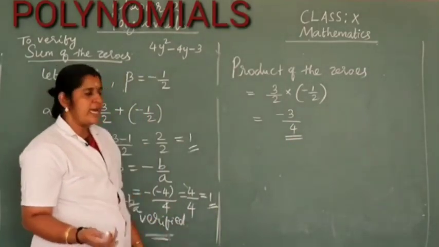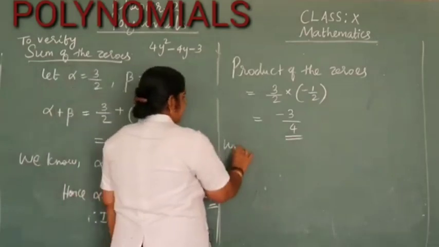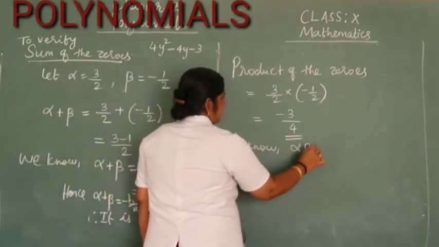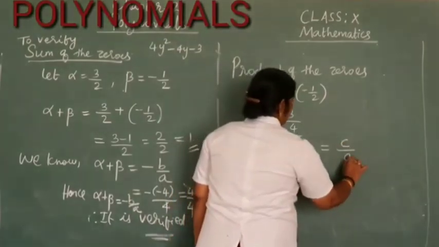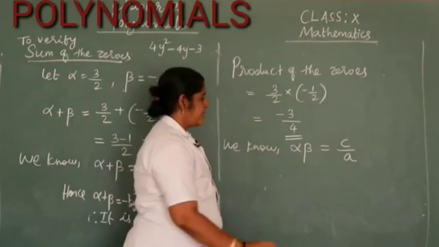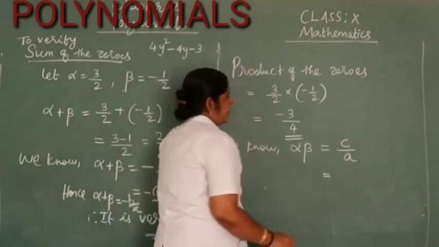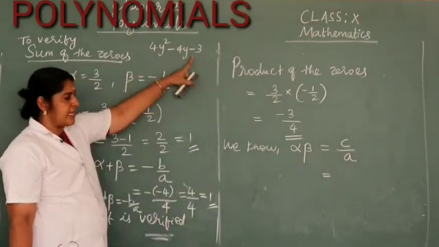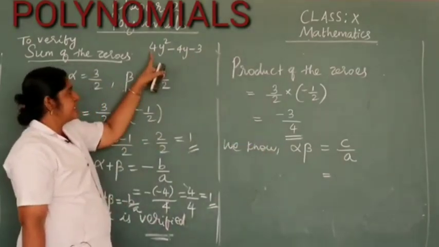Now we are using the relation. We know what is the relation for product of zeros? That is alpha beta equal to c by a. Understand? So when you use this c by a, what answer are you getting? From our polynomial, what is c? It is minus 3. And what is a? It is equal to 4.